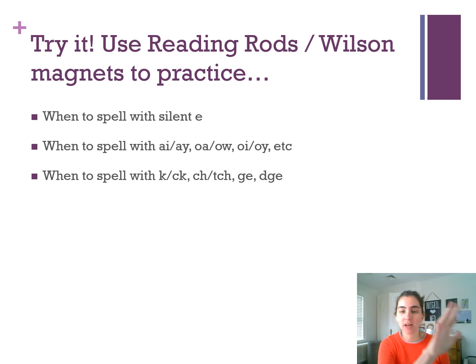You can draw a picture that uses all the AI words, a sailboat, a pail at the beach. Why can't I think of any other AI words? A pain from the sunburn, things like that. And you could anchor it with a mnemonic. But if you're looking for more pattern-based orthography practice, then your tools with print on them will help you.